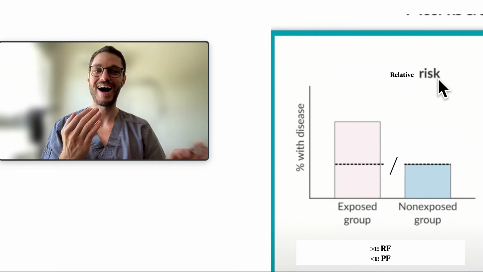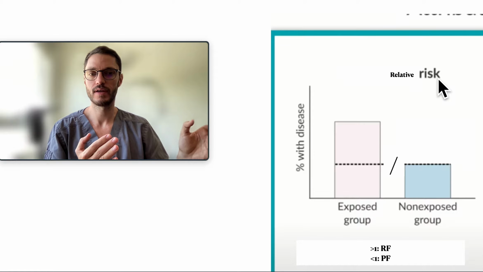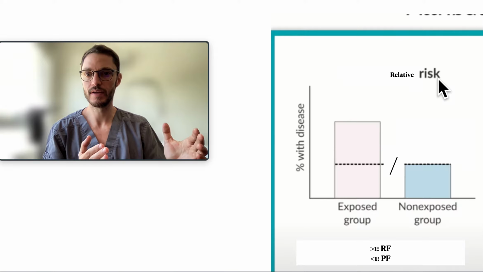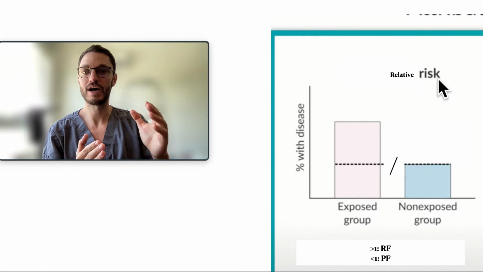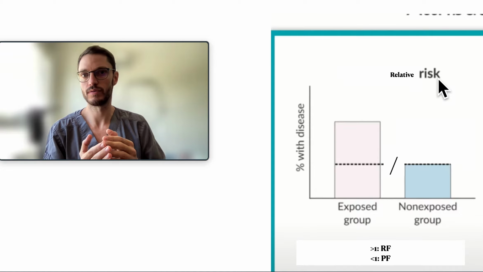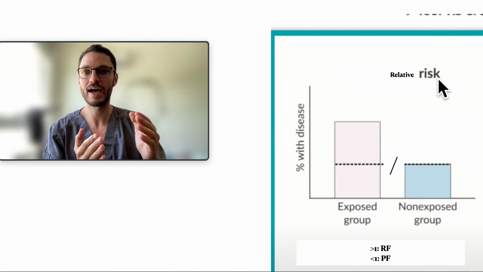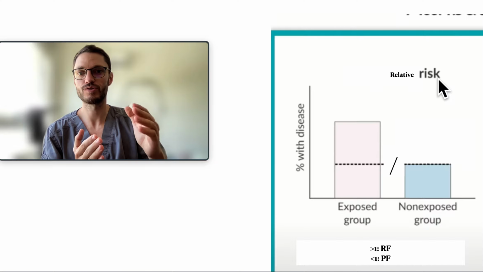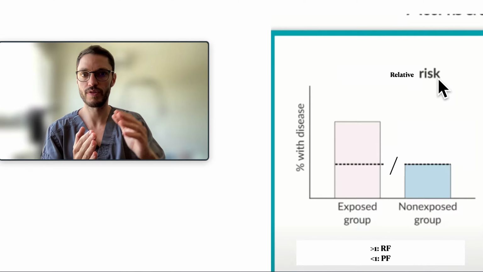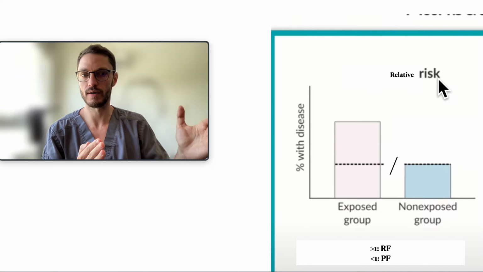Of course, the higher the relative risk, the more probability that this might be a risk factor, meaning that it might have a causation with respect to the outcome.